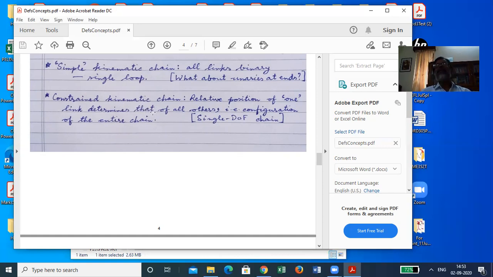What it means simply in our ground truth sense is that what was defined as a constrained kinematic chain, as used in old style textbooks, is simply a single degree of freedom chain.